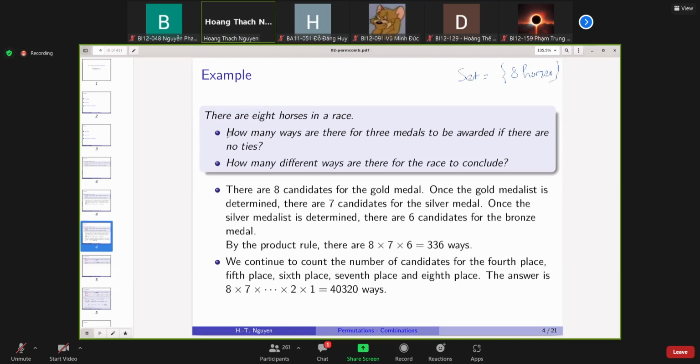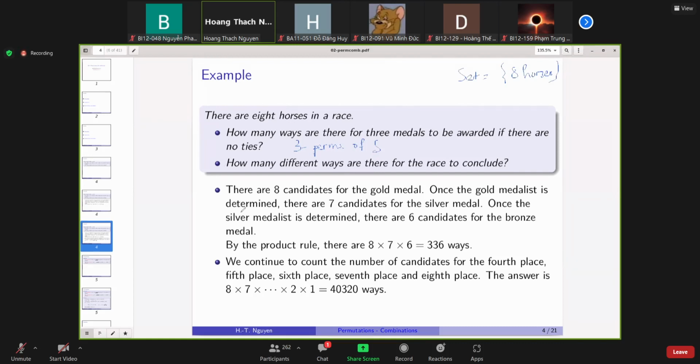The first question, in fact, counts the number of 3-permutations of that set. And the second question counts the total number of permutations of that set.